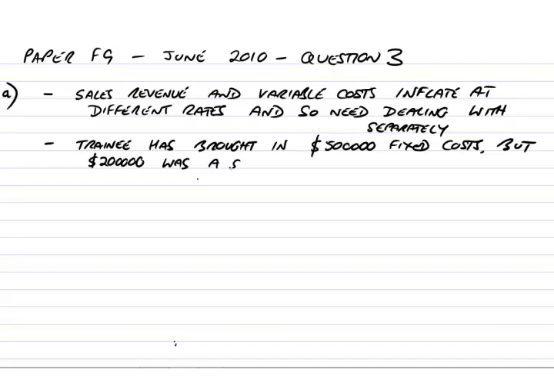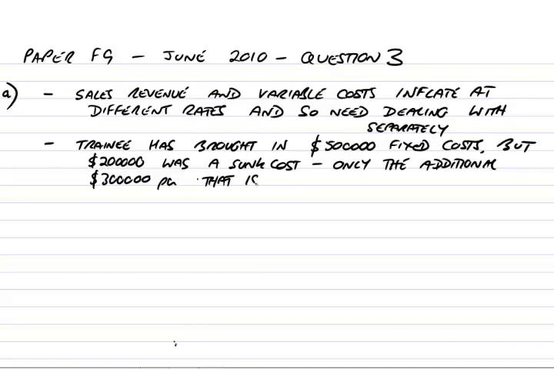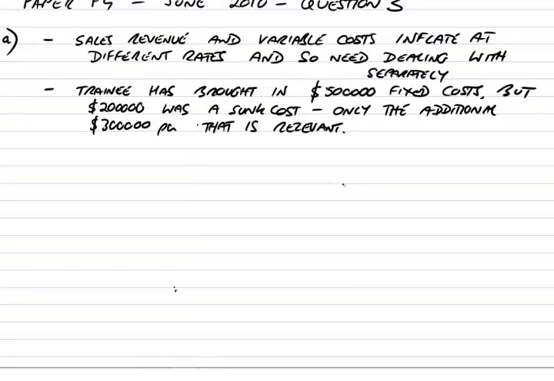Was a sunk cost. You don't need to use that word. If you want, 200,000 has already been spent. It's only the additional 300,000 a year. That is relevant. Okay, now let's go back to where we were.